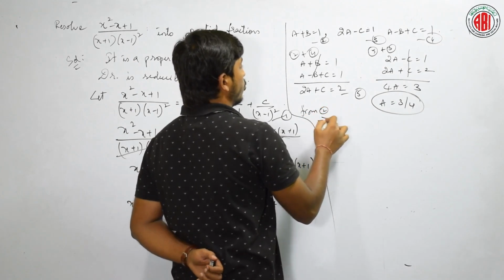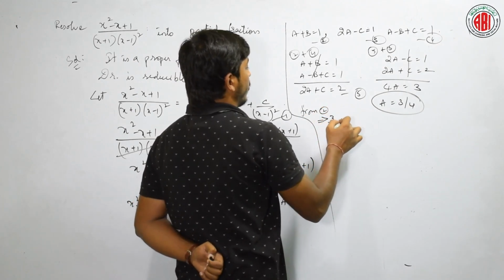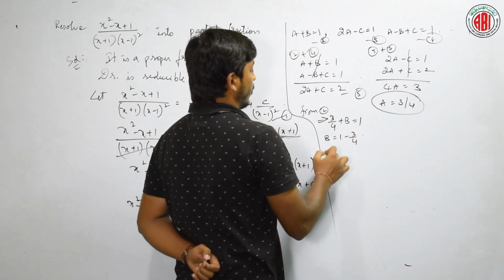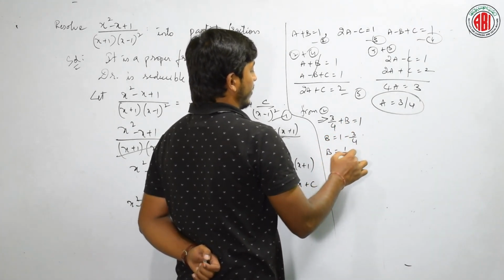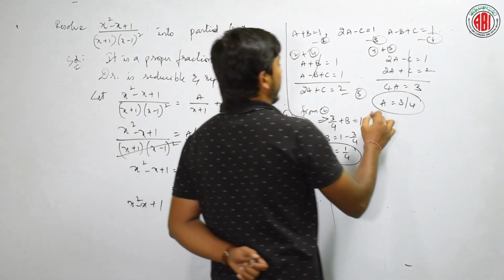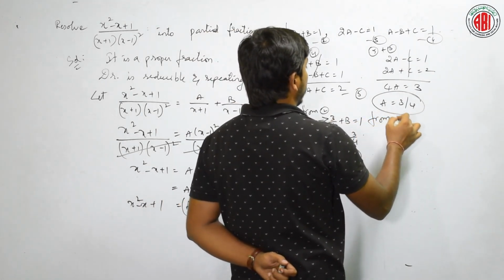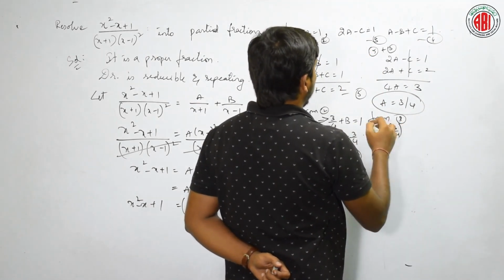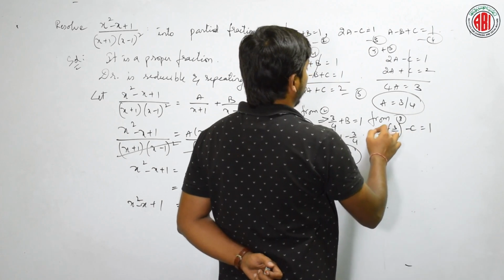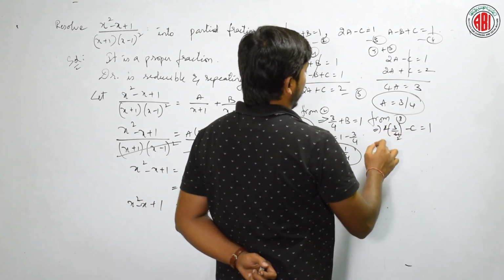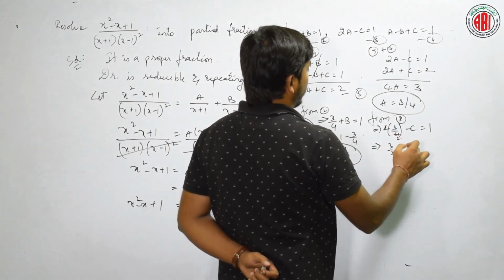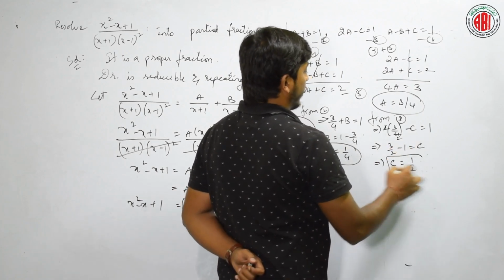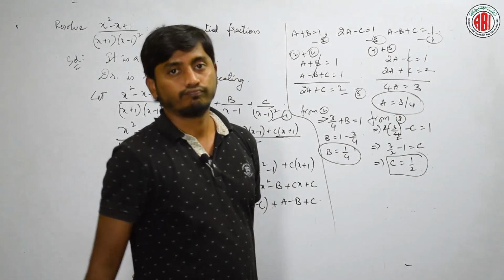From 2, 3 by 4 plus b is equal to 1, b is equal to 1 minus 3 by 4, that is 4 minus 3, 1 by 4. Similarly, from 3, 2a minus c is equal to 1, 2 times 3 by 4 is 3 by 2, I will be left with 3 by 2 minus 1 is equal to c, c is equal to 1 by 2, fine.